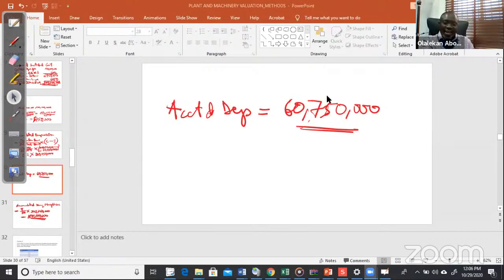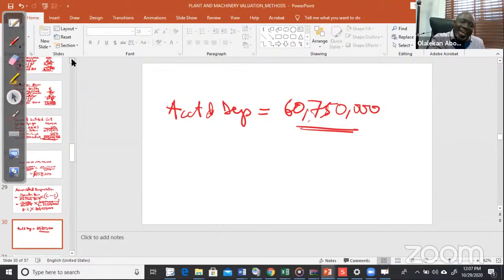Hello, sir. I want to see the calculation using the straight line method. Another thing: assume that the machine is being used for the same 8 hours each year. You will realize that you will get the same answer as the straight line method. Okay, so you said I should go back to the calculation.